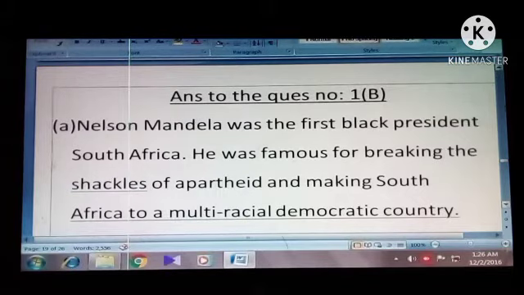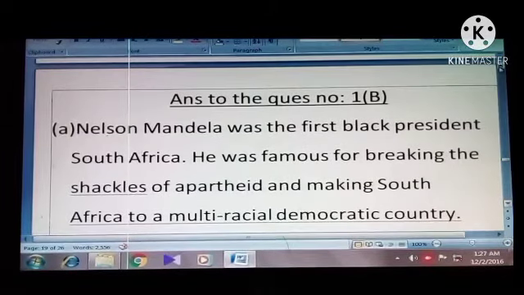So keep it in mind. Write down the answer very carefully, because it is very easy to get marks. As the question is in past tense, we have to answer in past tense.